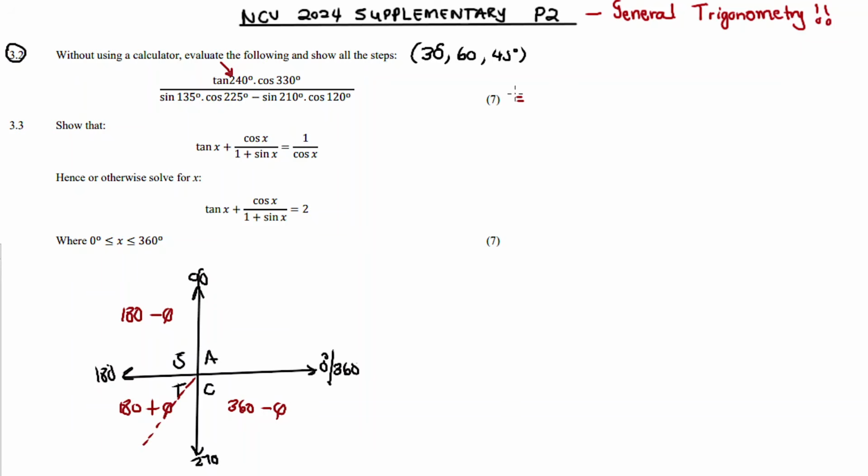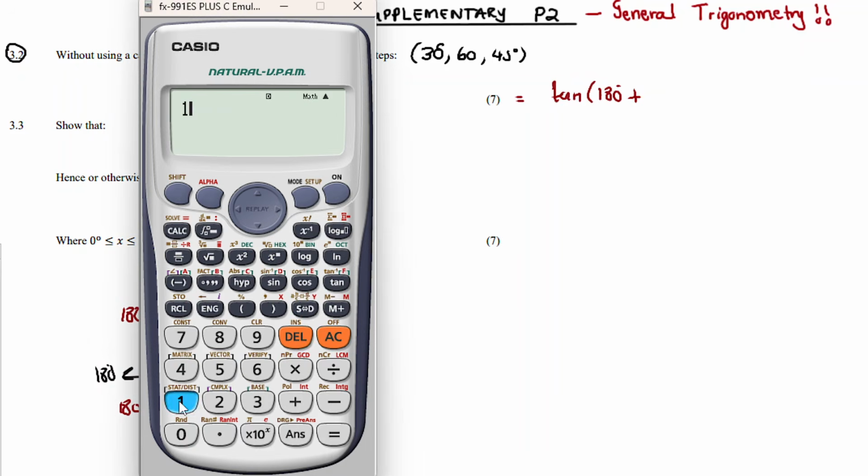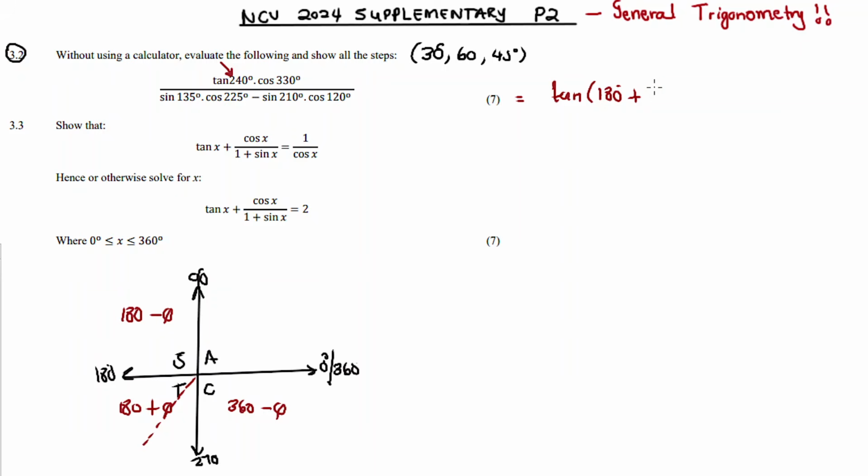So this tan 240 degrees, we'll have to write it as a reduction formula. We're going to reduce it to 180 degrees plus, let's see, 240 minus 180, I think 60 degrees. So it's going to be 180 degrees plus 60 degrees.